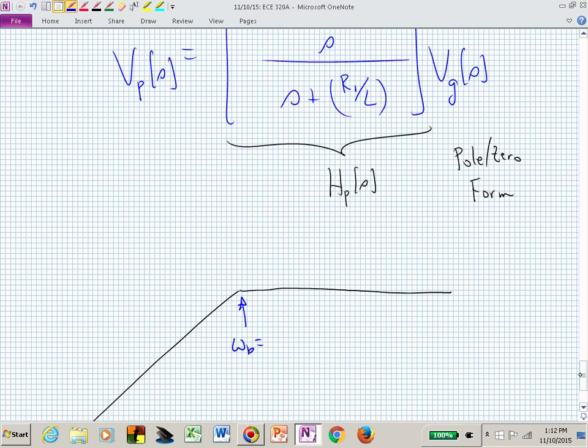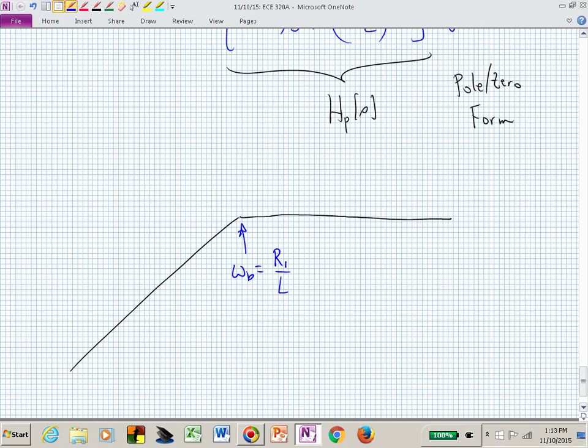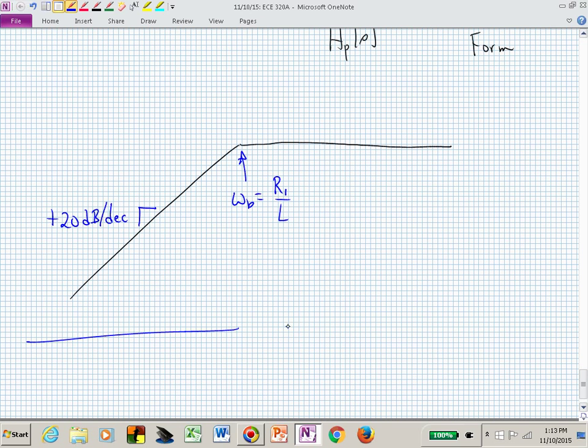And the pole is now at a frequency of R1 over L. And how fast, since this is coming up from the bottom, from the basement, because of that S in the numerator, how fast do you think this is coming up? 20 dB per decade. All of these first order factors give rise to this 20 dB per decade slope. And we're going to deal more with that later. I'm just sort of giving you this picture now.